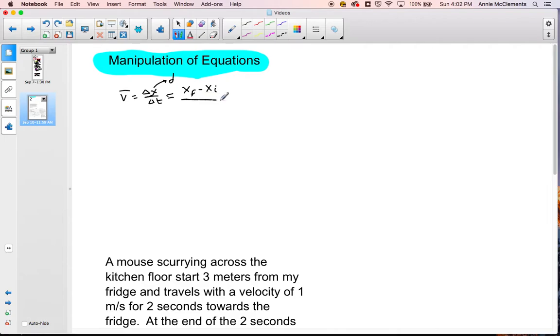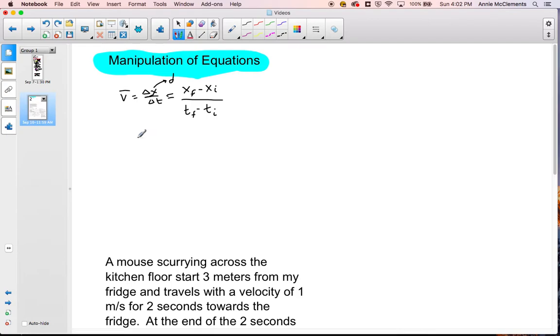And then of course your change in time is the exact same thing. It's going to be the final time, t final, minus t initial, right? So if you start walking and you walk for 3 seconds, your t initial is going to be 0 seconds and your t final is going to be 3, so your delta t is 3 seconds.